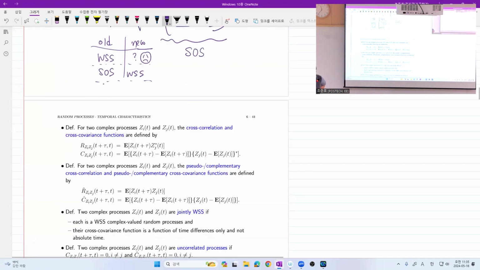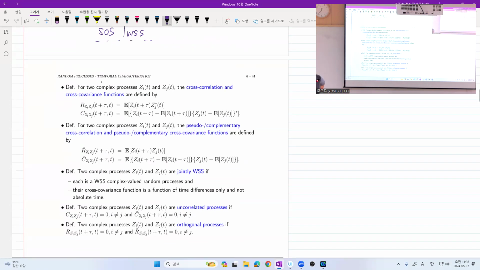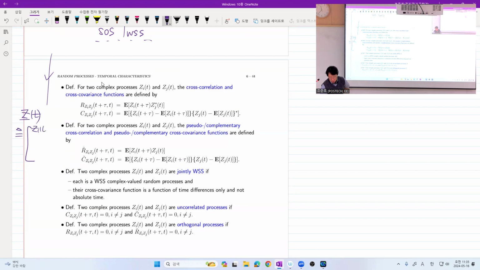Now, let's talk about two complex valued random processes. And eventually we will talk about many or n complex valued random processes. In that case, we can put them together in a vector, right? So this is midway to some notation like this, defined as z1 of t, z2 of t, through zn of t.